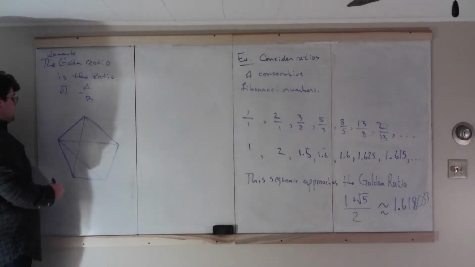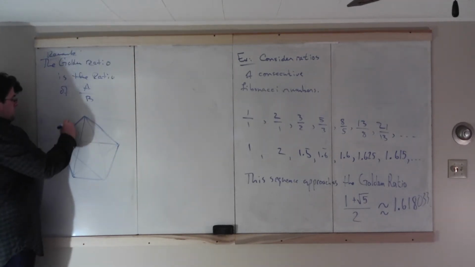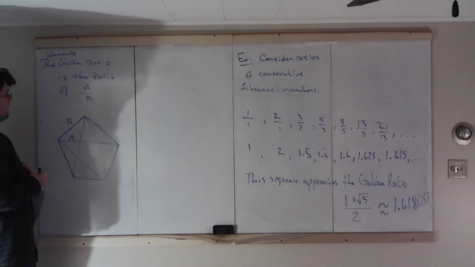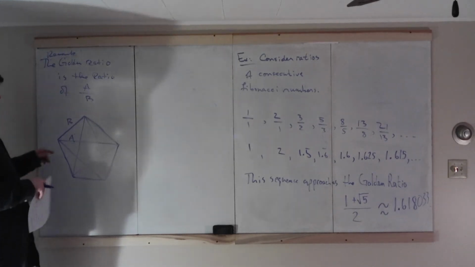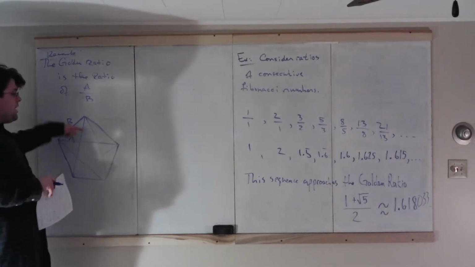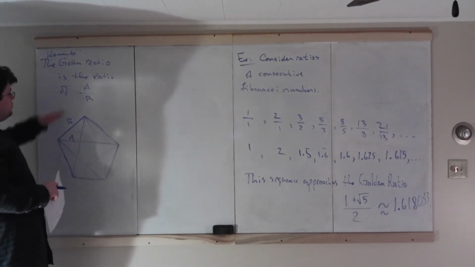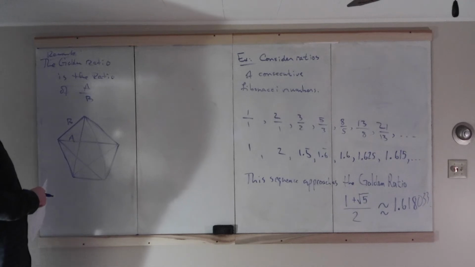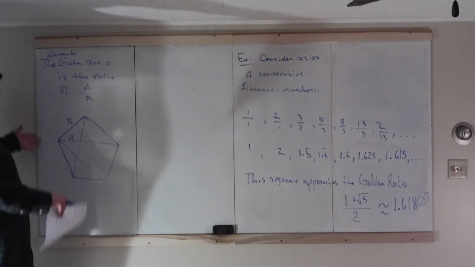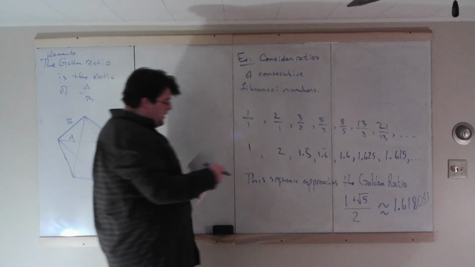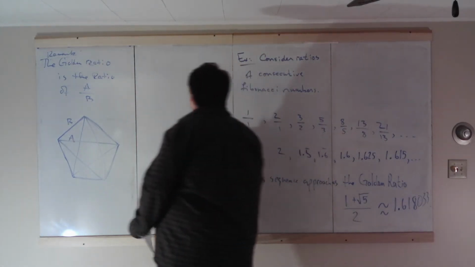The golden ratio with a regular pentagon is the ratio of one of these diagonals. They're all the same because it's a regular pentagon. One of these diagonals to one of those sides in a regular pentagon is the golden ratio. And that's just one area that it shows up.